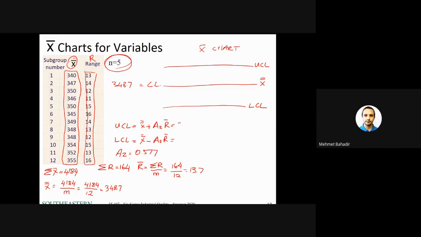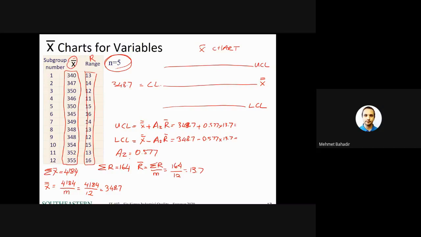Now let's plug in all the numbers we know and given. X double bar is 348.7 plus 0.577 times R bar, which is 13.7. Lower control limit is just the symmetric of this, minus 0.577 times 13.7.